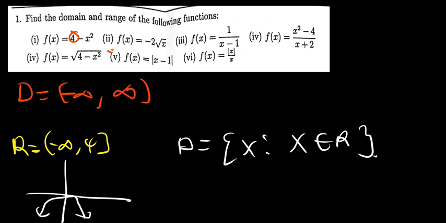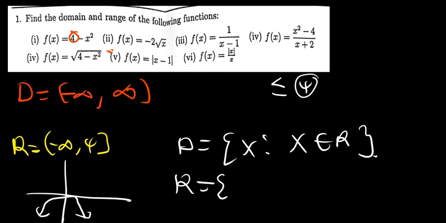So for range, what do we say for range? We can clearly see that it is starting from 4 all the way to negative infinity. So my range will be, oh sorry, for range we are using y and not x.